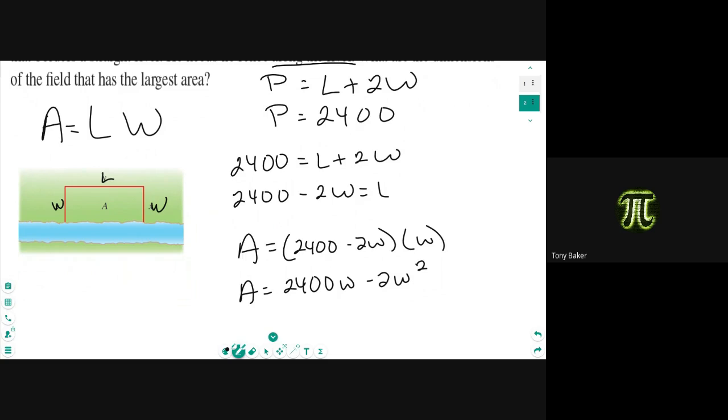We're going to find the derivative of it. So find me the derivative of area. Now, how do we use the first derivative to find a minimum or a maximum? Finding zeros. Okay, so find me my zero for this one.